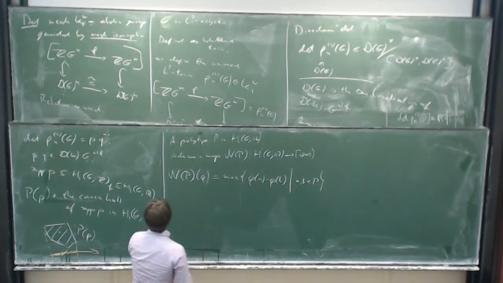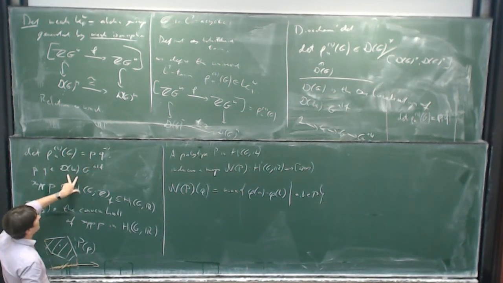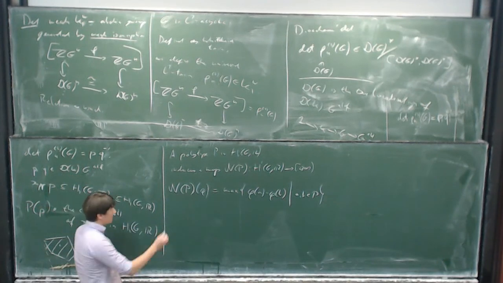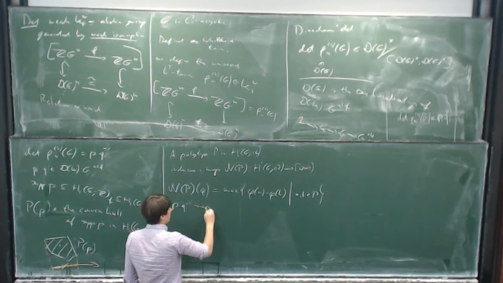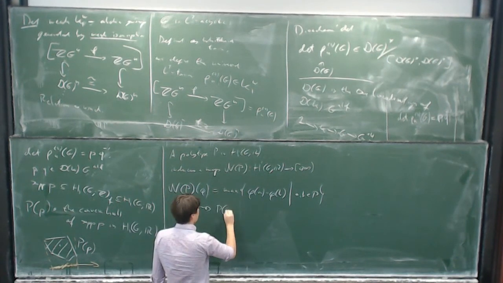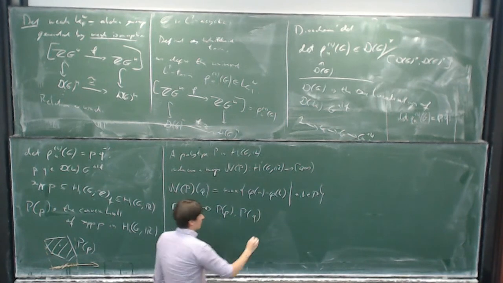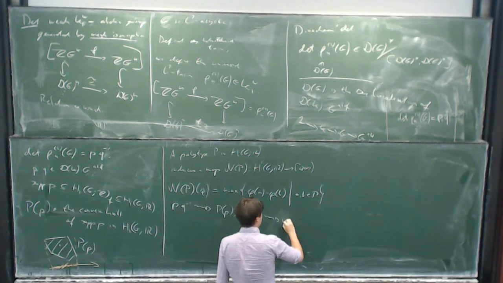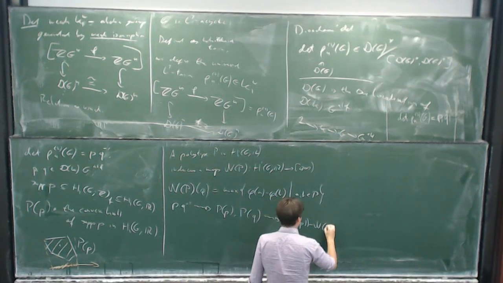So now, what do we have? We have a fraction of two elements. So we started with P Q inverse. To this guy, we associate a pair of polytopes. Because we can. And to these, we associate the difference of these functions.